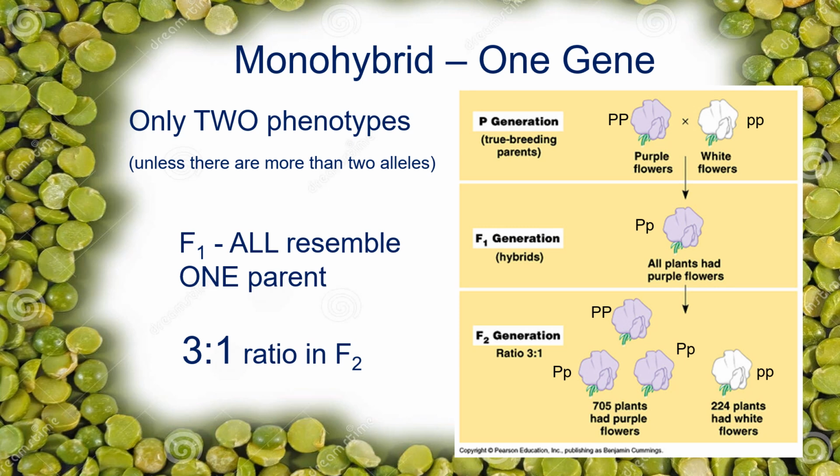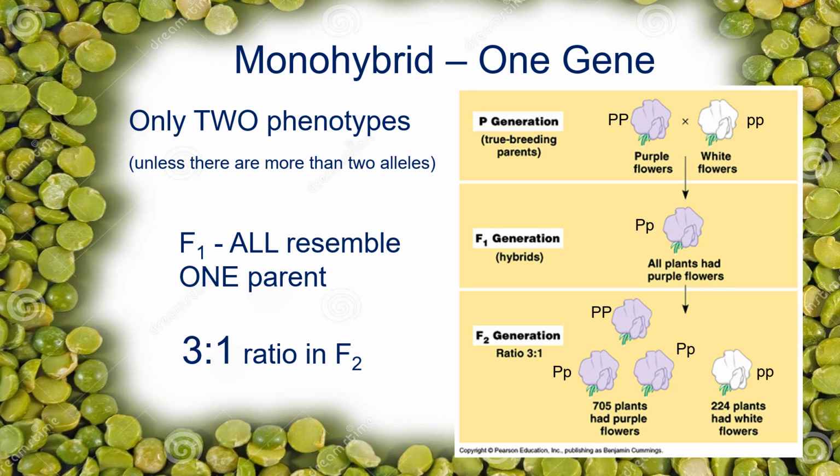Now, if we take these two different true breeding parents and we bring them together, again, we get an F1 generation, a filial 1 generation that is all purple. If we take those plants from the F1 and we interbreed them, then we get a mix of purple and white flowers.